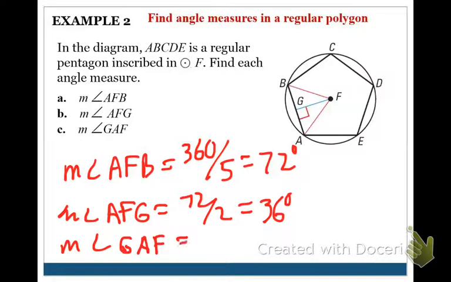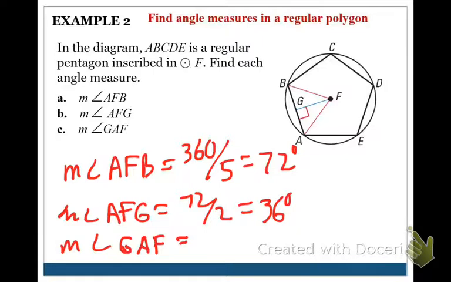Okay, how could I find GAF? What would GAF be? Yes. You would take the measurements of the other two angles in the triangle and subtract from 180. Right. Okay, so we know that this angle is 72, right? So we subtract 72 from 180, and this isosceles triangle, both of these radii are the same, right?